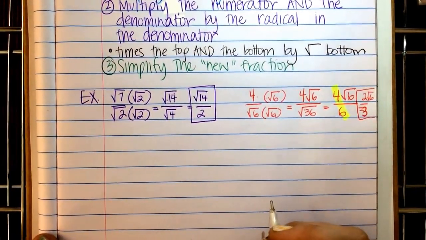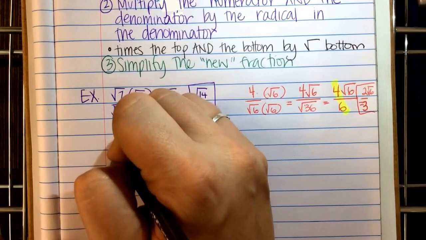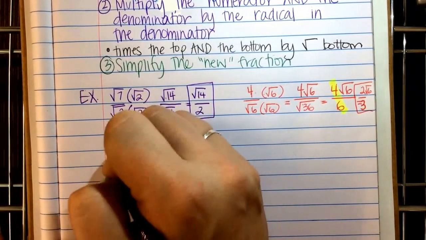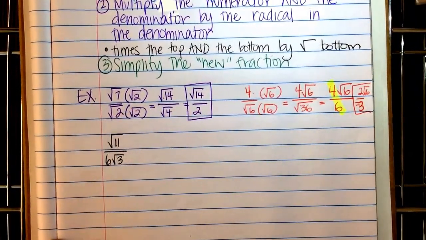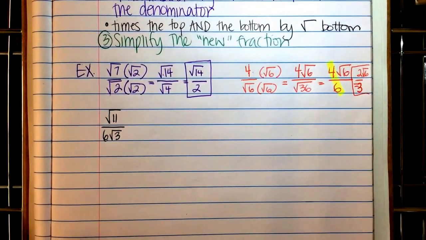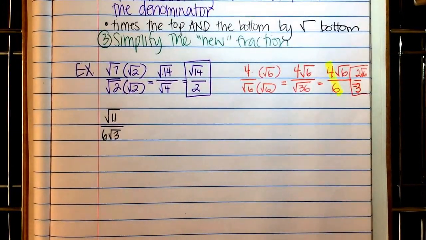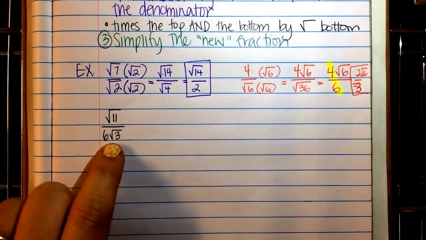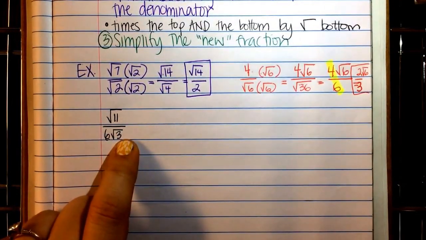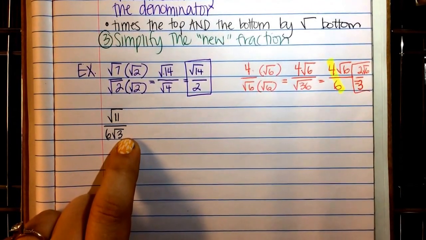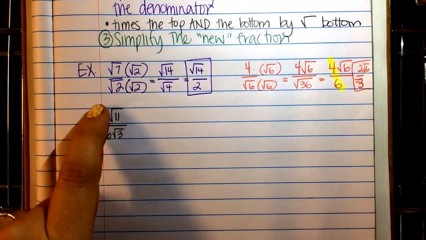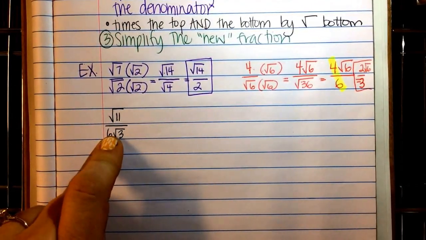Ready to do another one? Radical 11 over 6 radical 3. The steps are simplify the radical. So can anything simplify? Can 11 and 3 simplify? No. 1 and 6, can those simplify?